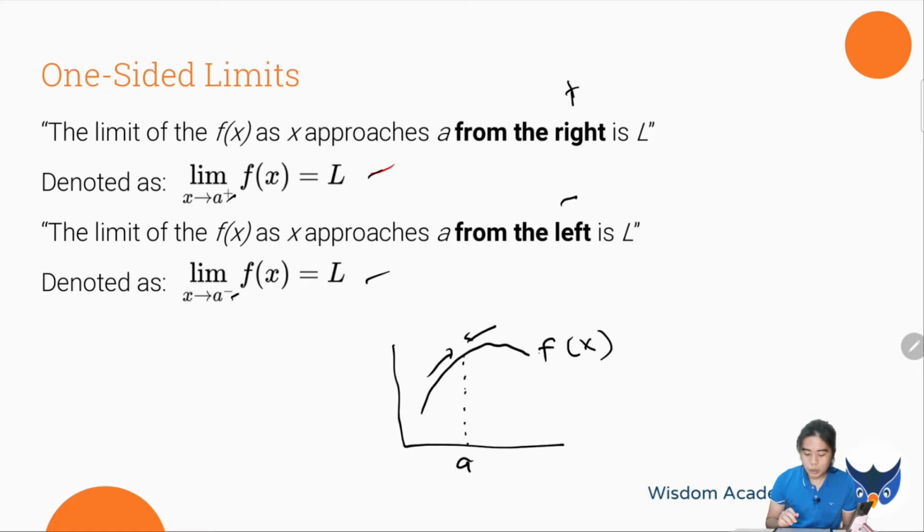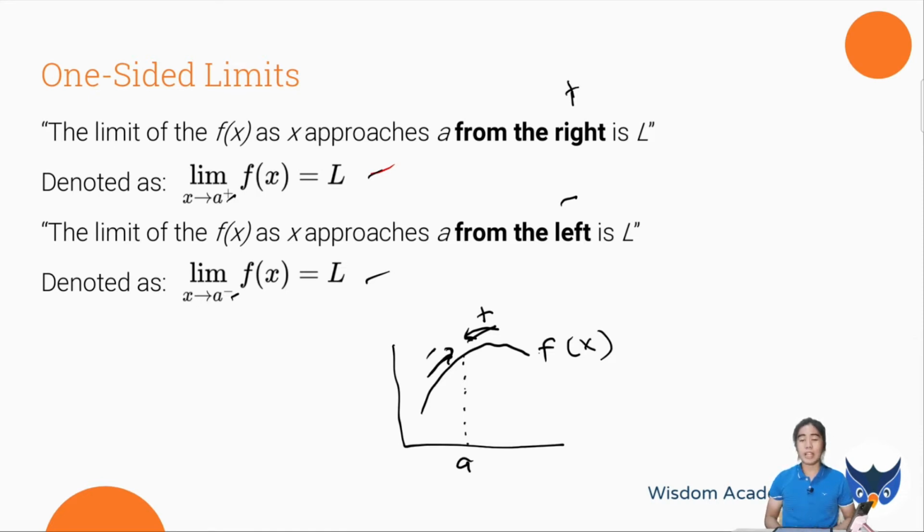Okay? So, for one-sided limits, isa lang yung titignan natin since one-sided lang siya. So, if we are looking from the right, it will be denoted with a plus sign. So, ito lang yung titignan natin, yung values from the right. Kung minus sign naman, from the left naman yung titignan natin. Okay? Mas maging clear siya through our examples later.